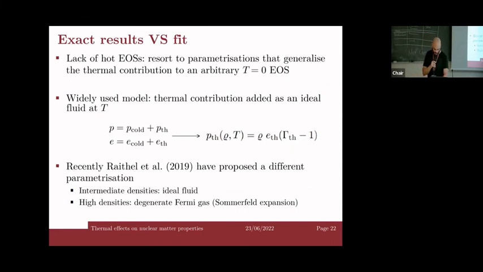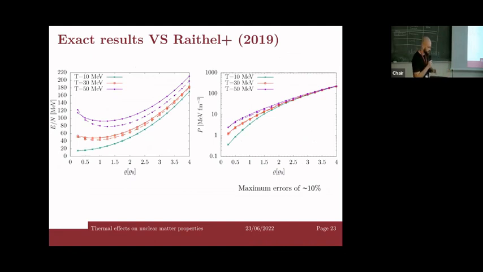And if we compare this upgraded parameterization to our results, here the solid lines represent our exact results for our microphysical calculations, both for the internal energy and for the pressure, and the dashed lines would be the parameterization. As we can see, for example, for T equal 10 MeV, the parameterization works pretty well, right? And of course, if we increase the temperature, the parameterization is a bit worse, but it's still reasonable.